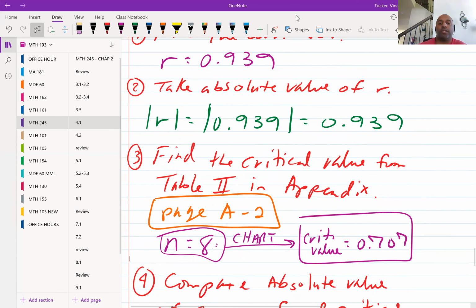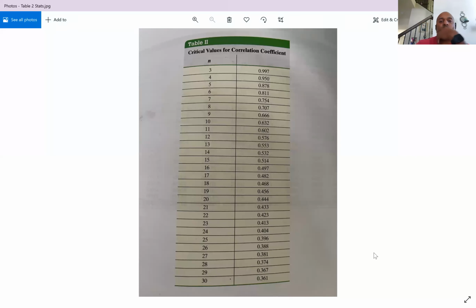And then if you go to the chart, all right, so this is what the chart looks like. This is just a picture from my actual handbook. But in the e-text, it'll look just like this. Like I said, just go to page A-2. So you go to where n is equal to 8.